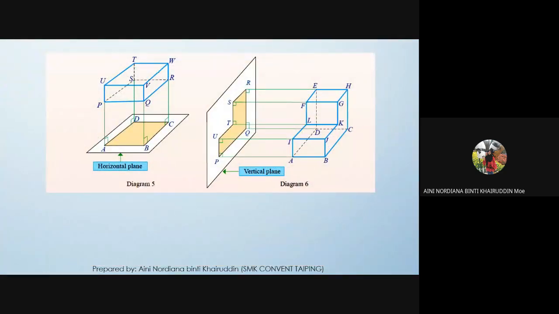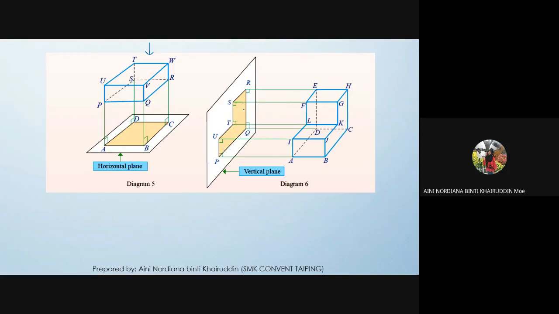Walaupun dia objek, you letak light dekat atas, dia hanya akan ada satu lapis sahaja orthogonal projection. Okay. Untuk diagram 6 pun sama. This is 3D object, tapi dia punya orthogonal projection tu dalam bentuk 2D.